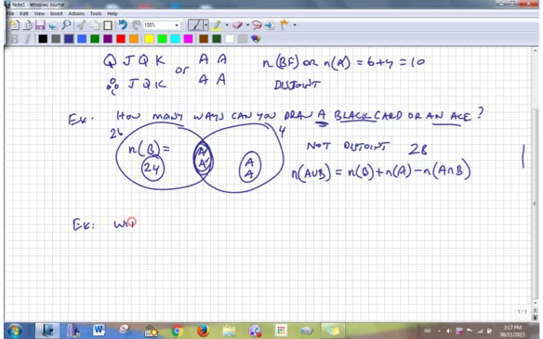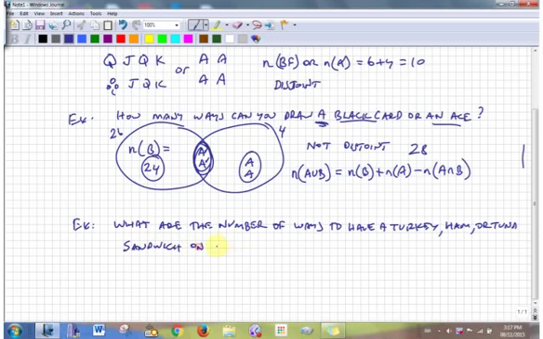What are the number of ways to have a, I'm going to write too fast, turkey, ham, or tuna sandwich on white or brown bread.